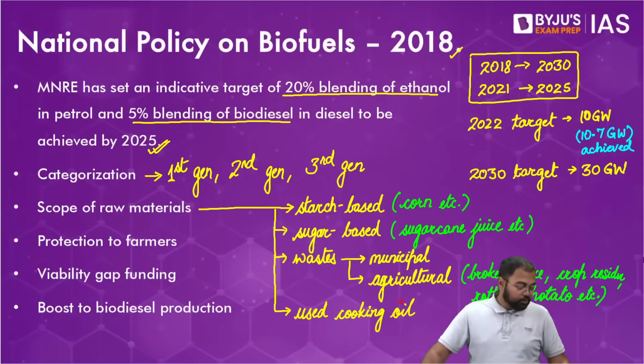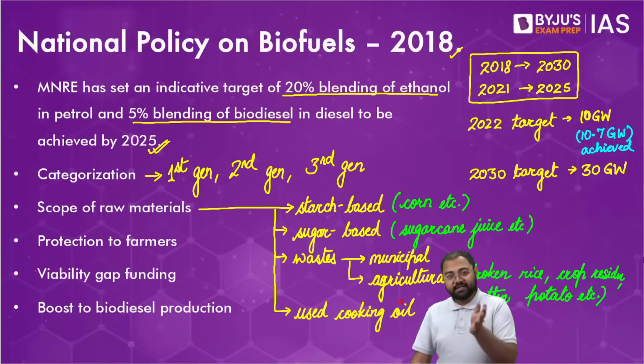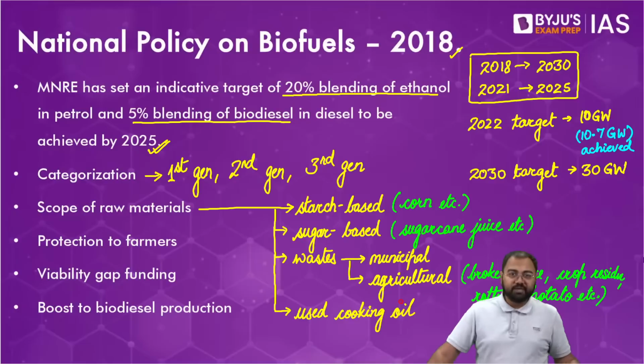And to address this health concern, the government is saying that there will be agencies all across the district which could collect the used cooking oil, and they would pay some amount of money for that also.